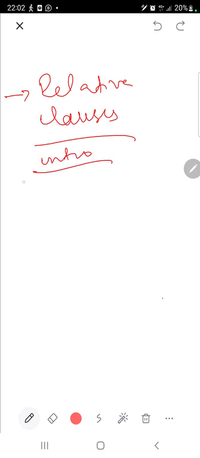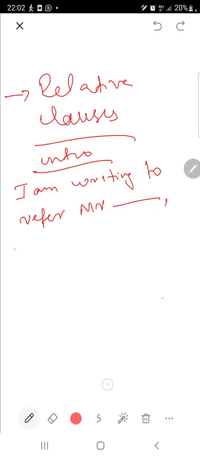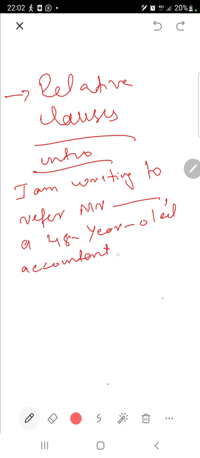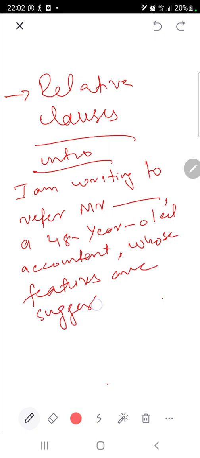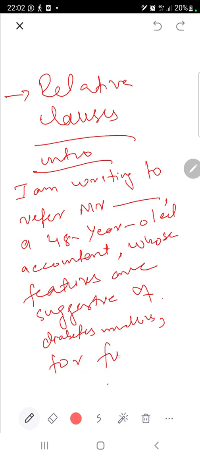For example, I am writing to refer Mr. XYZ, a 48-year-old accountant, comma, whose features are suggestive of diabetes mellitus, comma, for further management, right? Full stop.